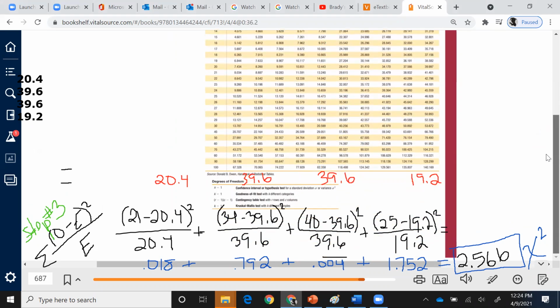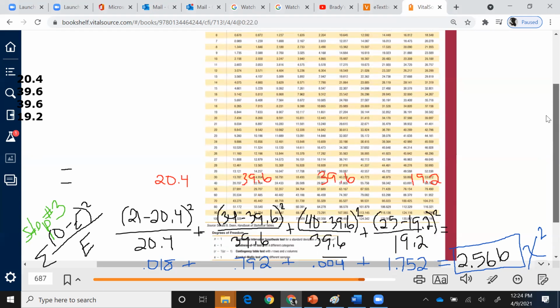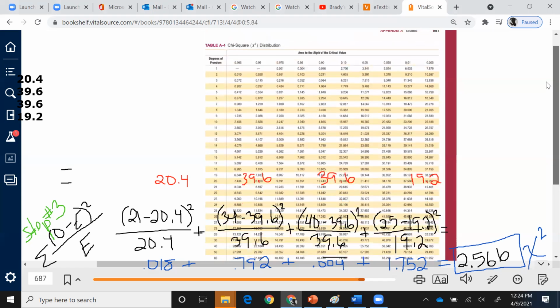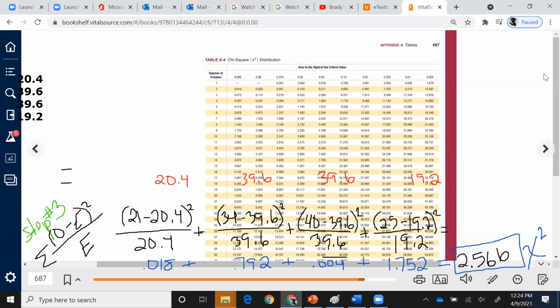Do you remember how many categories we had? Yep, 4: Milky Way, Musketeer, Snickers, and Reese's Cups. So the number of categories is 4.